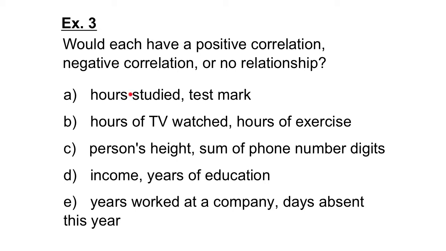Do you think there would be a positive correlation between the two, a negative correlation between the two, or no relationship at all? Go through each one. Think about whether you think there would be, or what kind of relationship there would be. Pause the video as you think about it, and then when you're ready, you can unpause, and I'll tell you what I think.